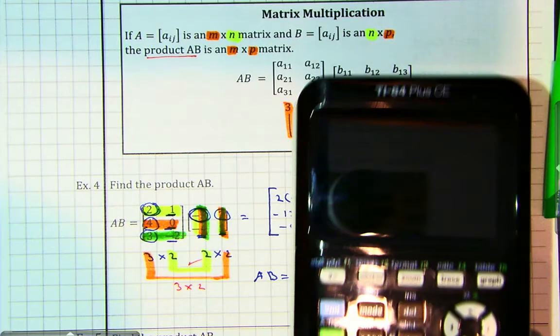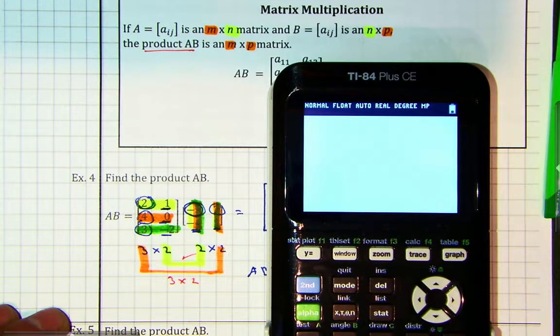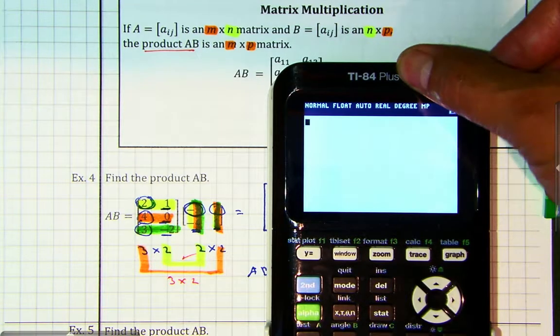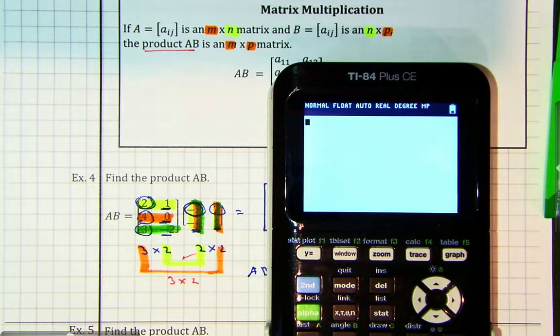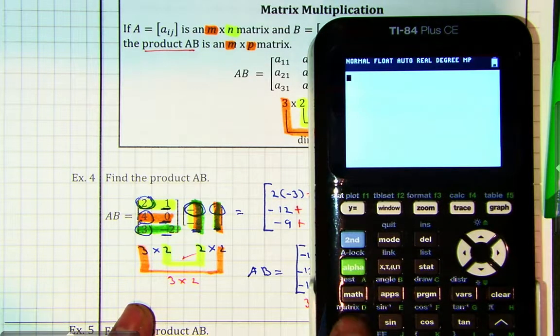So if you have a TI-84CE, then we can do it 2 different ways. Otherwise, if you have a TI-84 Plus with a CE, you just need to update your software. But let me show you both ways. First, if you notice right underneath math, underneath the x to the power of negative 1, you see the word matrix in blue.